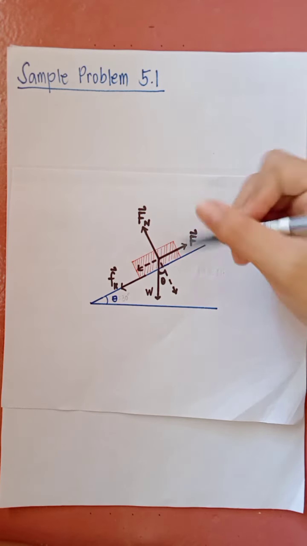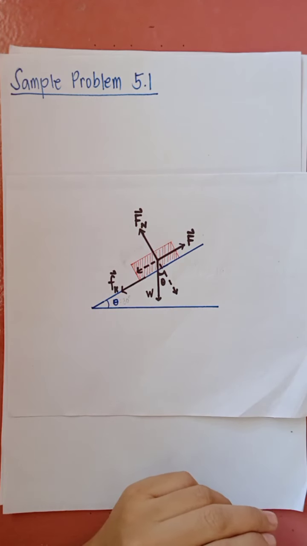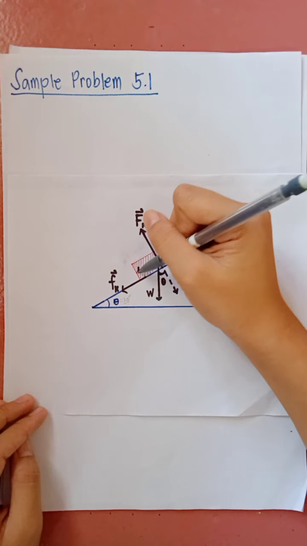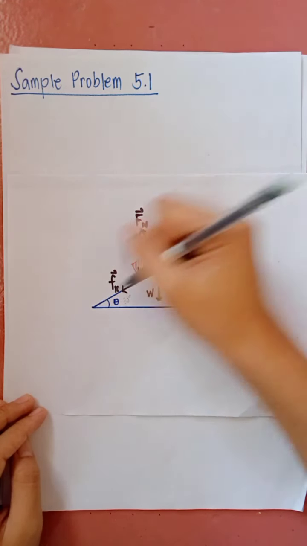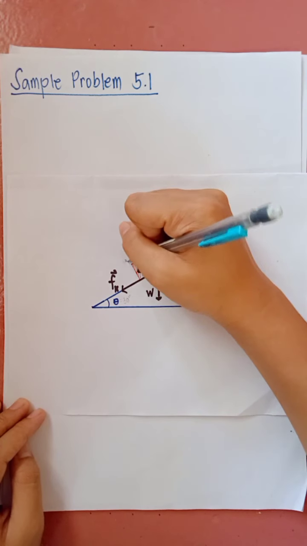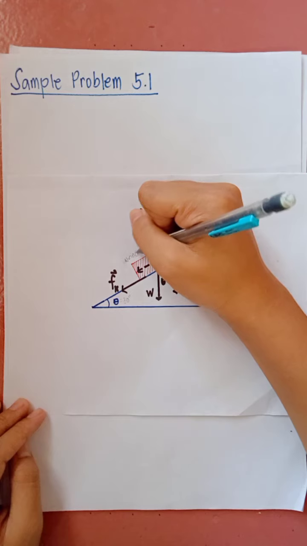As you can see, we have here component lines. So the component of the weight parallel to the inclined plane, this line right here, is given as W sine theta.